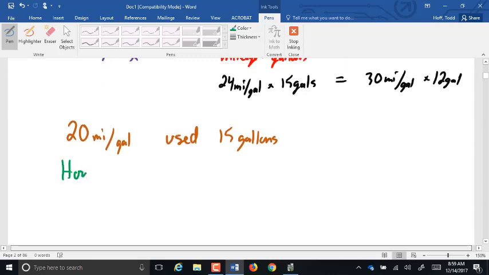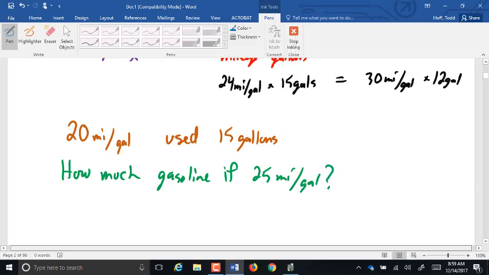How much gas would be used if the mileage were increased to 25 miles per gallon?